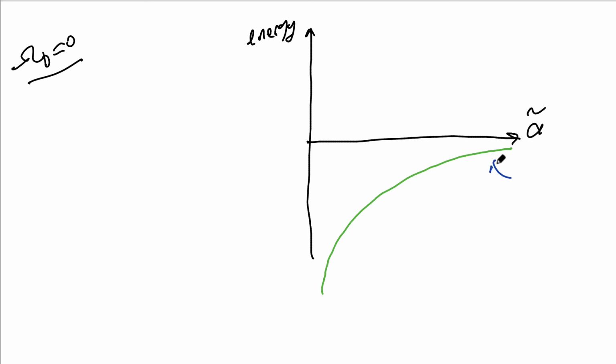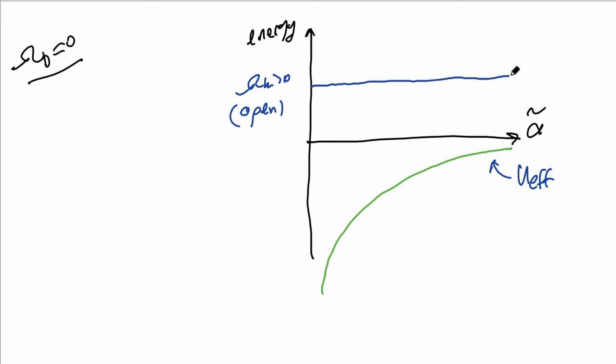So this is U effective. Now in this region where omega k is positive, this is the case of an open universe. We see the universe starts with a big bang and then expands forever. So there's a big bang but no big crunch.